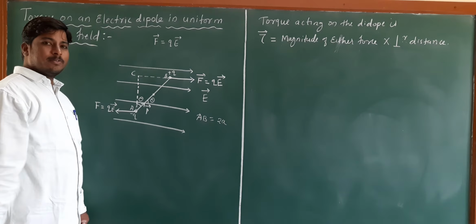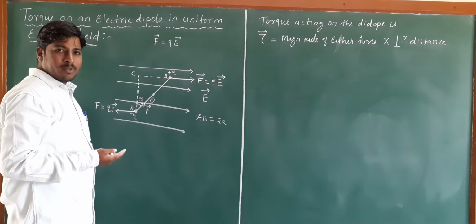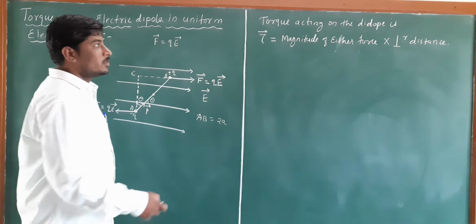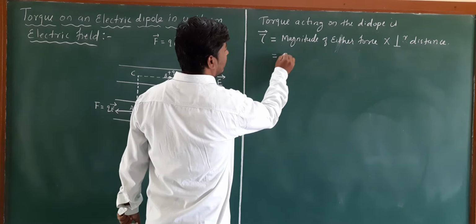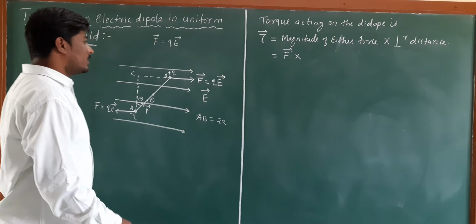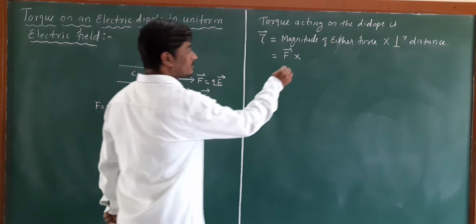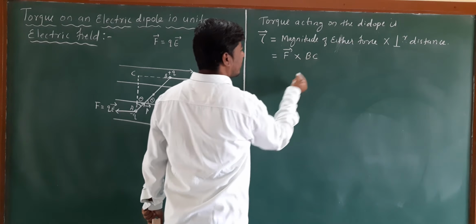There are two forces, one due to the positive charge and one due to the negative charge. We can take any one of the forces, so that is force into perpendicular distance. BC is the perpendicular distance.